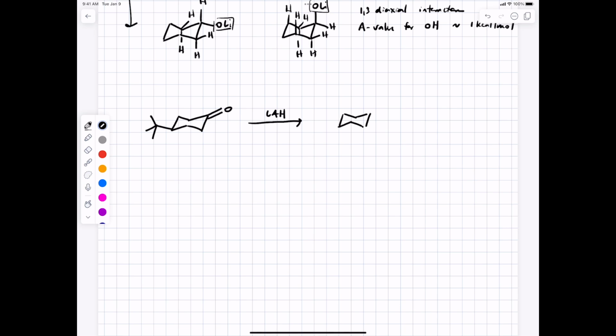And I'll draw the products here. One is where the proton is added from the top face, same side as the tert-butyl group. The other is where the proton is added from the bottom face, opposite side of the tert-butyl group.